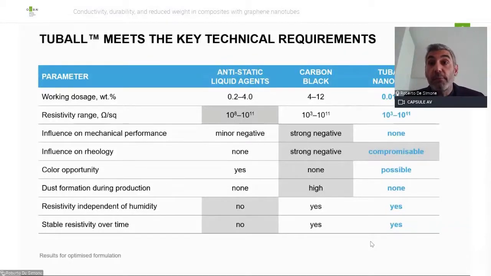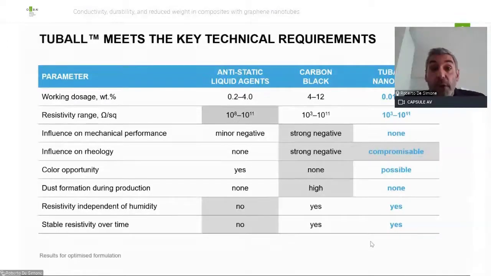For carbon black, for example, we are talking about a range between 4 and 12 weight percent, compared with tubal, where the usage of tubal in the range of 0.05 to 0.1 weight percent can bring a very full range of resistivity with no negative impact on mechanical performances, and very acceptable rheology and viscosity.